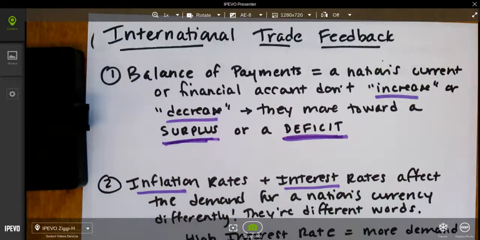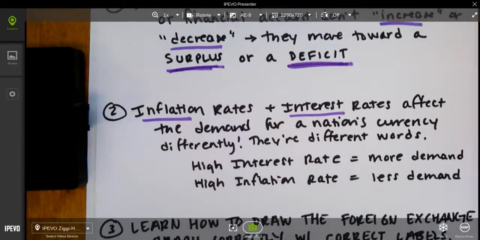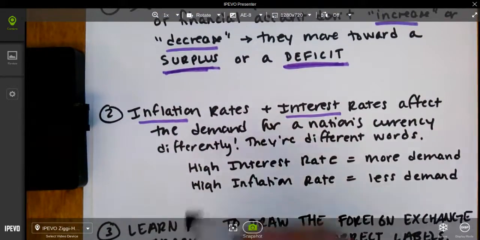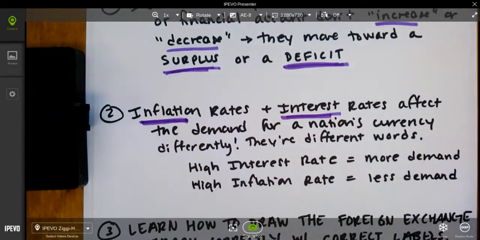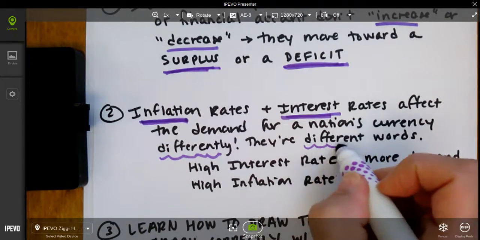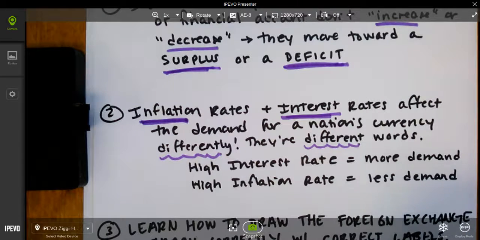The next thing is that remember that the word inflation and interest are not the same words. So inflation rates and interest rates affect the demand for a nation's currency differently. Imagine that. And again, they're different words. I know how easy it is to get into autopilot and just see "IN" at the beginning and think that it's an inflation rate or an interest rate.